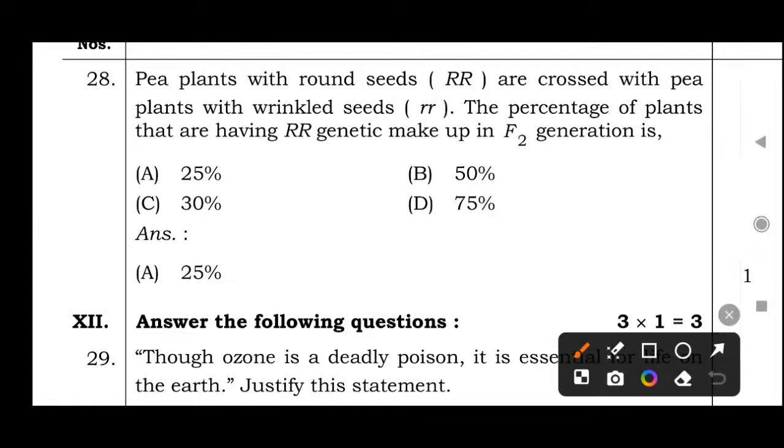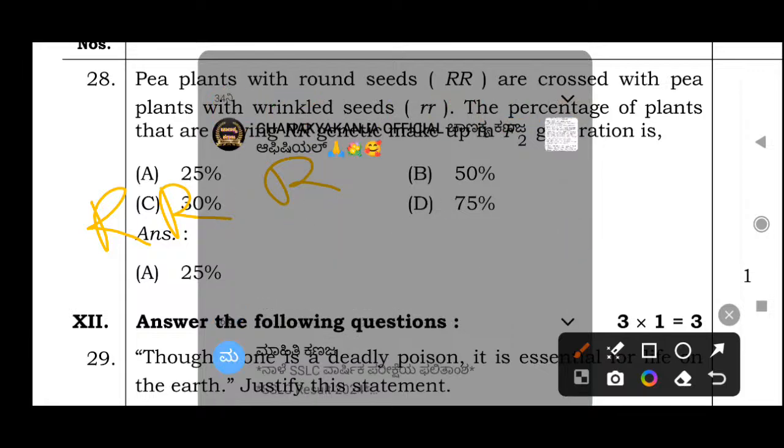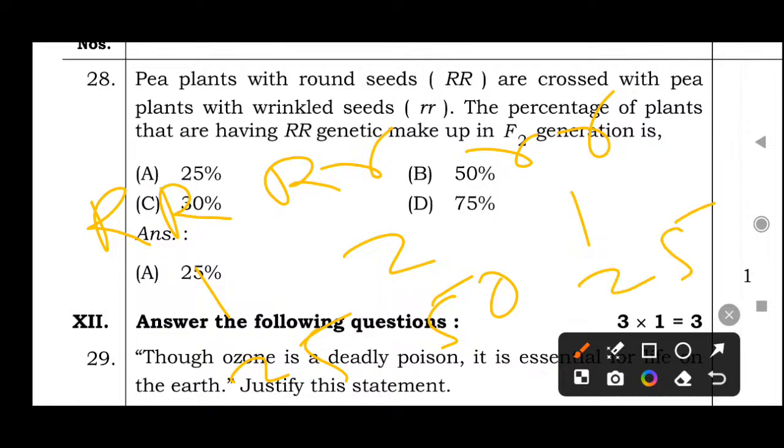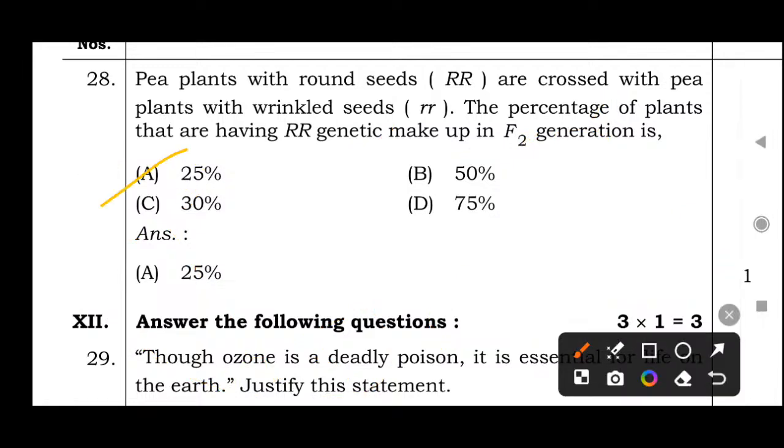We get 3 types of plants in the F2 generation: capital R capital R, capital R small r, and small r small r. The genotypic ratio is 1 to 2 to 1, so the percentages are 25%, 50%, and 25%. What they asked here is capital R, that's 25%. Right answer, option A, 25%.